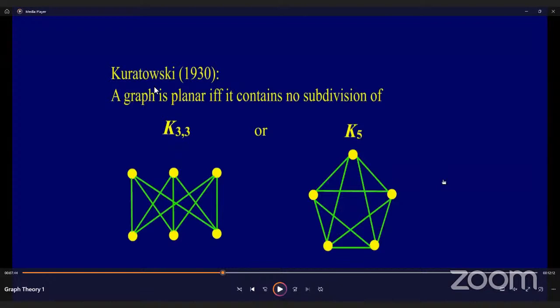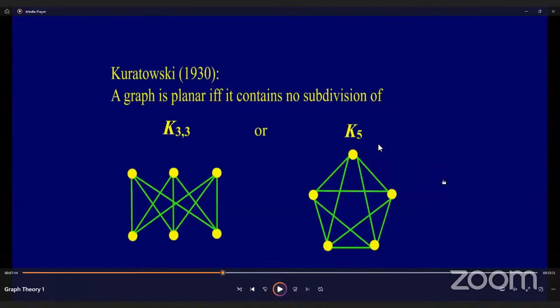Okay, so this is Kuratowski, who proved in 1930 that a graph is planar if and only if it contains no subdivision of K3,3 or K5.